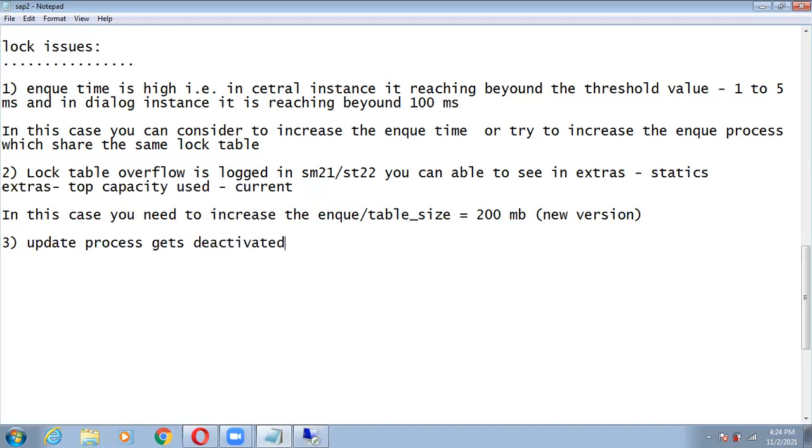The update process is deactivated when your update hangs and there is a sudden increase in the file system.